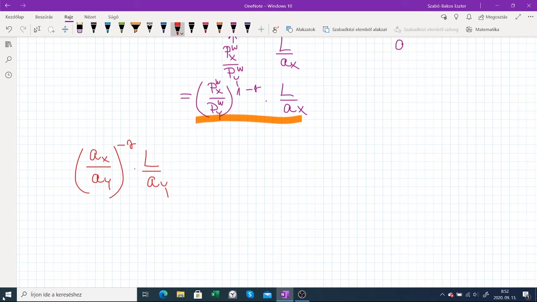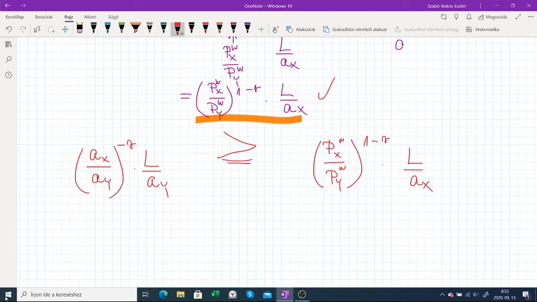The real GDP for a small open economy is this expression: Px over Py from the world raised to the power of 1 minus gamma times L over Ax. Which one is the bigger?